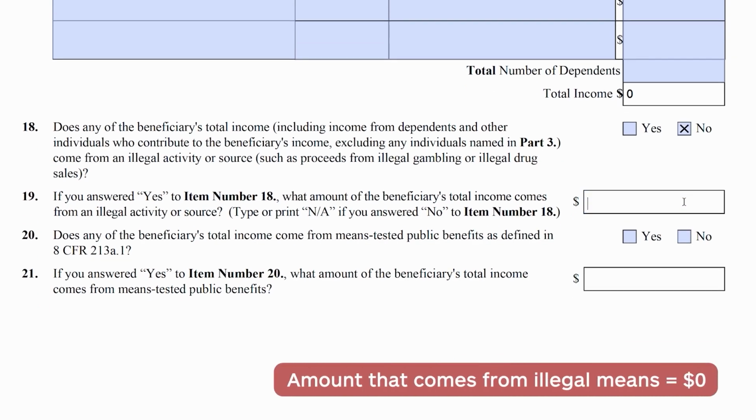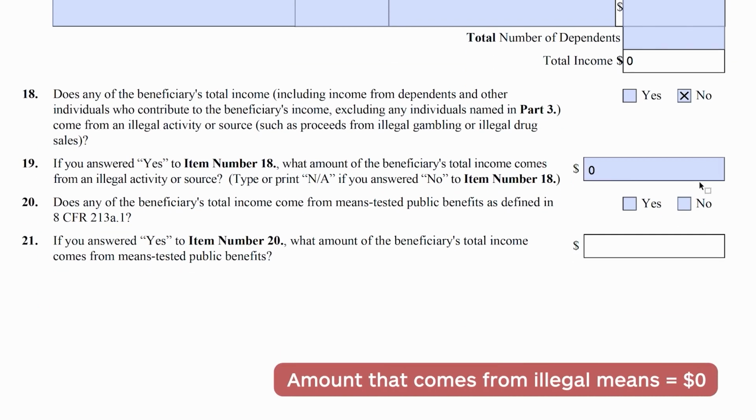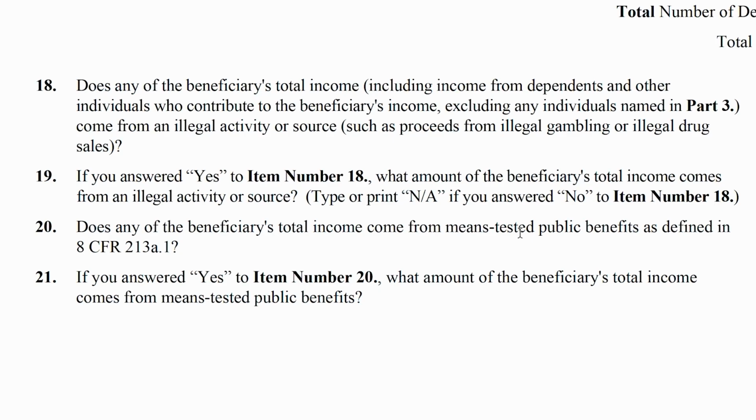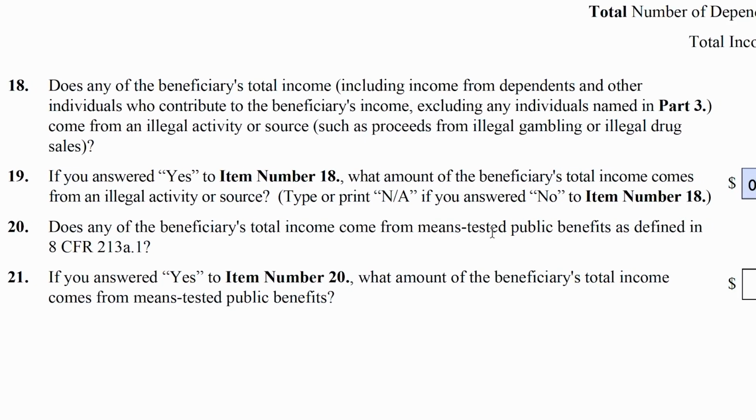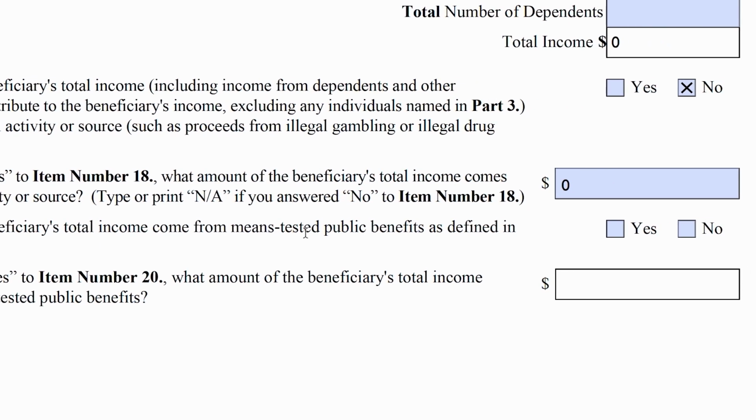So the amount that comes from illegal means is generally going to be no. Does any of the beneficiary's total income come from public benefits? Generally, this is going to be no, okay? We're already at a zero number, but moreover, most of the beneficiaries are going to be outside of the United States. So it's hard to think of a situation where this is going to be a yes answer.